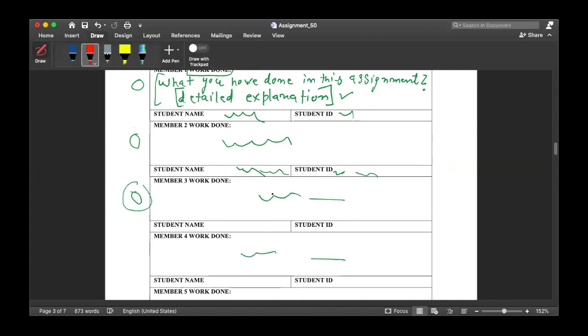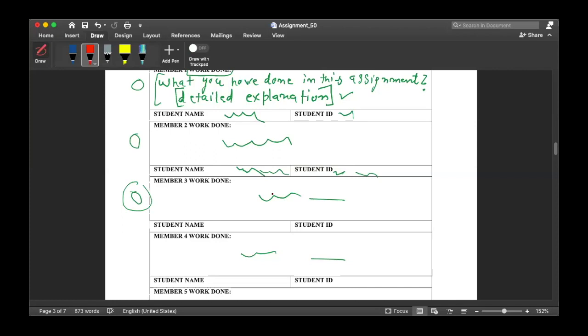Then you can start working on your assignment. The assignment will cover topic 1 to topic 5.